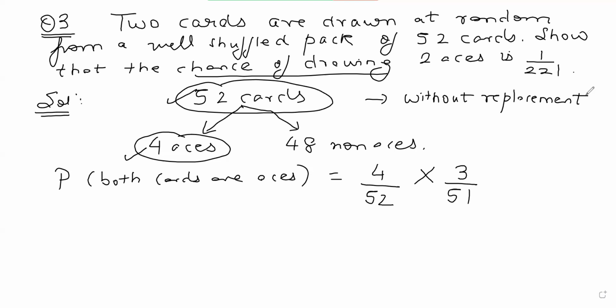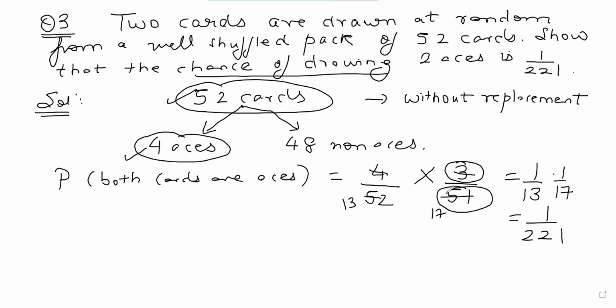One ace is already picked up. How many aces left? 3 aces left. How many cards left? 51 cards left, because one card is already chosen at the first place. If you solve this, you can check out 4 times 13 is 52, 3 times 17 is 51. 1 over 13 times 1 over 17 comes out as 1 over 221. This is the answer for this question.